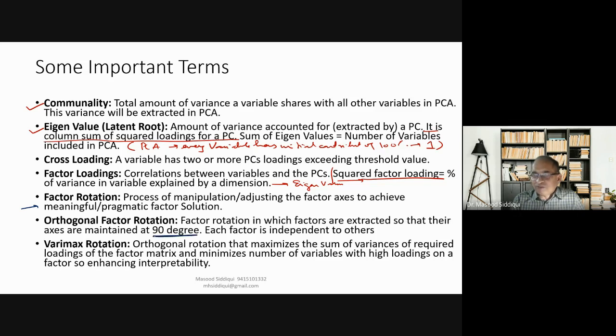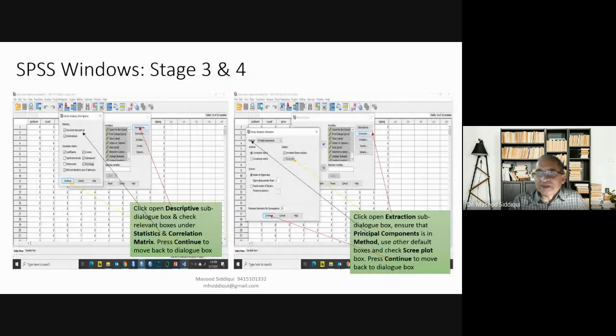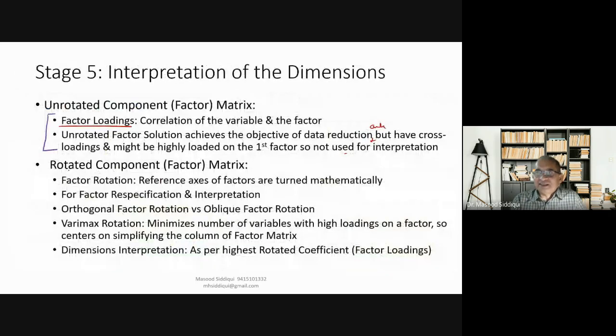Now, what is the benefit of putting them at 90 degrees? They will show as uncorrelated, or they will be independent of each other. And this is the Varimax rotation, an orthogonal rotation that maximizes the sum of variance of the required loading. Here, now we are discussing this rotated component matrix.